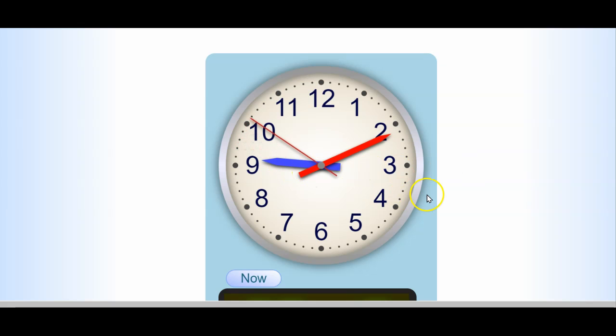Now, on the first one, the minute hand is here, correct? It's pointing to the 6, correct? And the hour hand is about right here. The minute hand, it's about right here. That's about it, right? And we said it was what time? 5:30. Now look. There you go. 5:30.